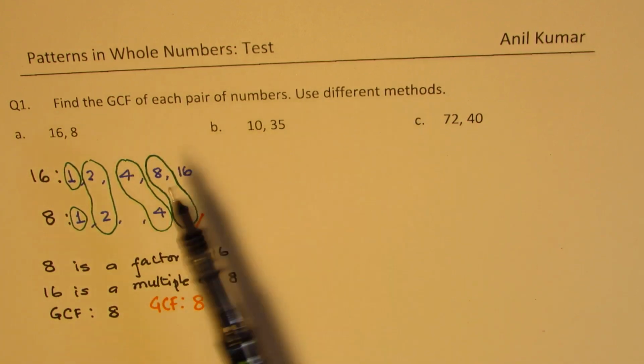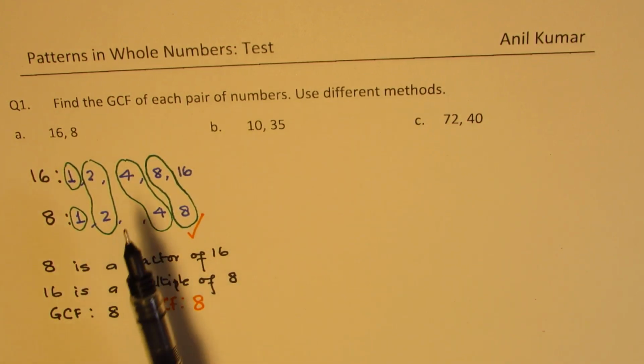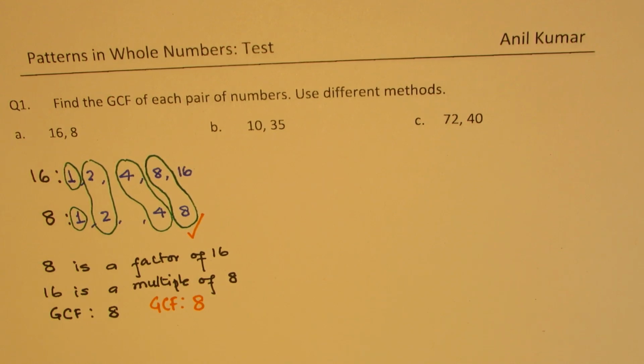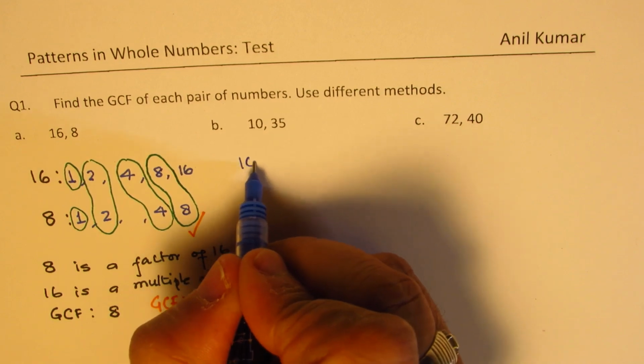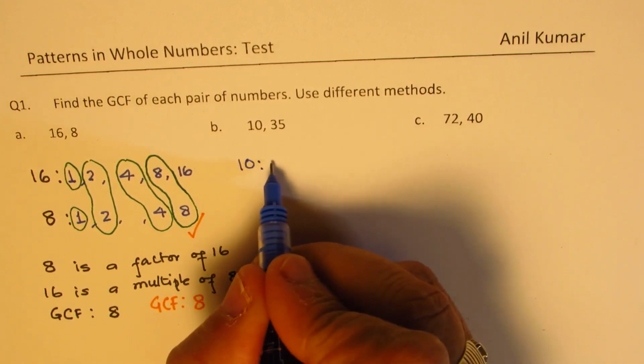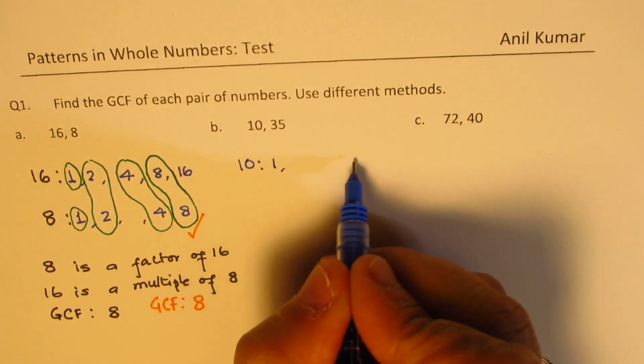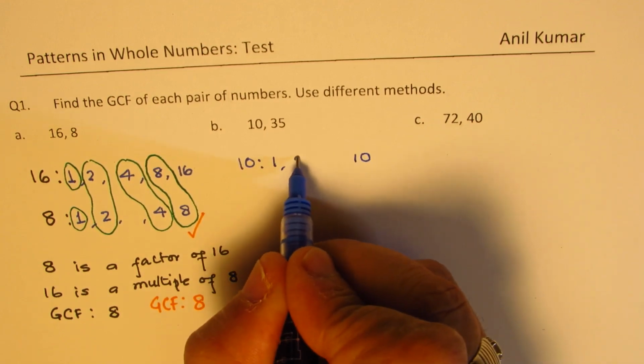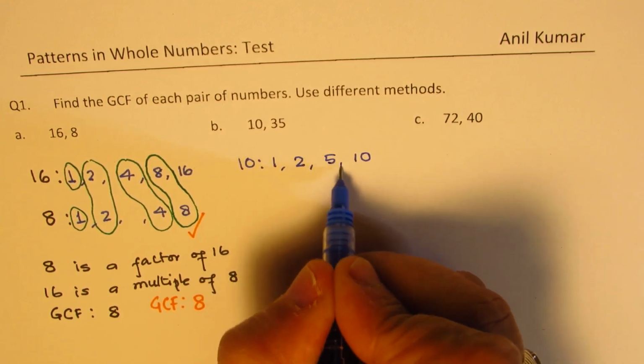I'll give you 3 different methods for sure. So the first way, and this is the second way for the first question, we'll elaborate more on different methods for example B and C. So now let's look into the factors of 10 and 35. As far as 10 is concerned, the factors of 10 are, we know 1 times 10 is 10, and then we know 2 times 5 is 10.